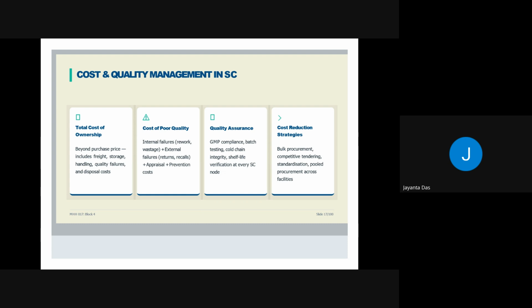So we must be aware of these costs and see to it how best we can minimize all these costs, or the cost reduction strategies can be applied to help us.